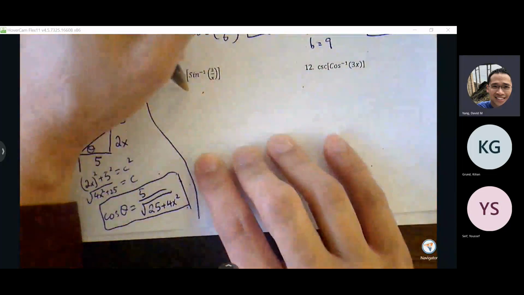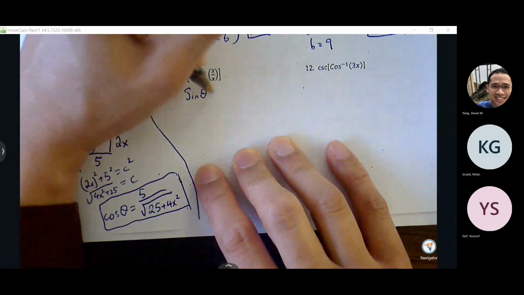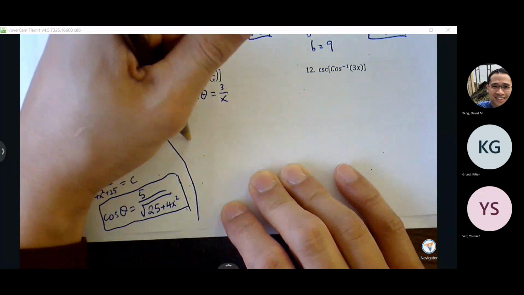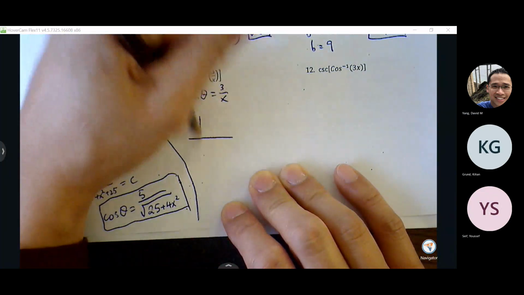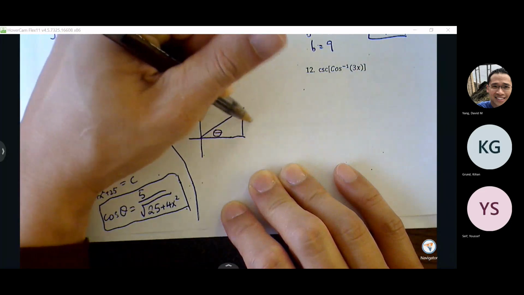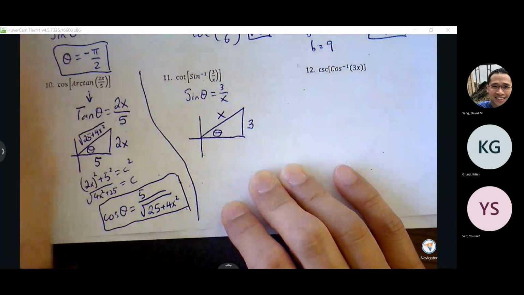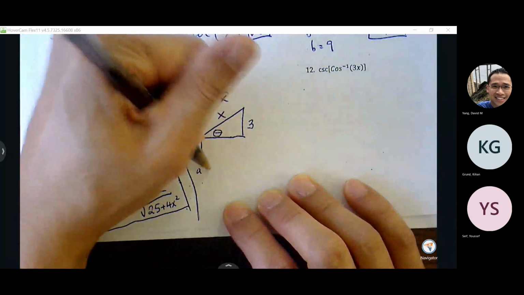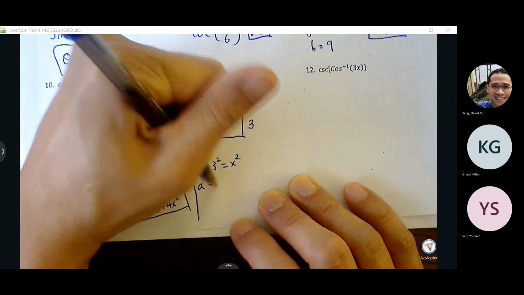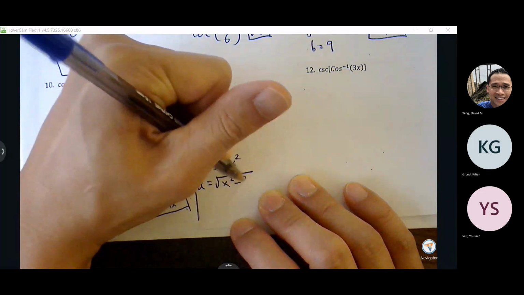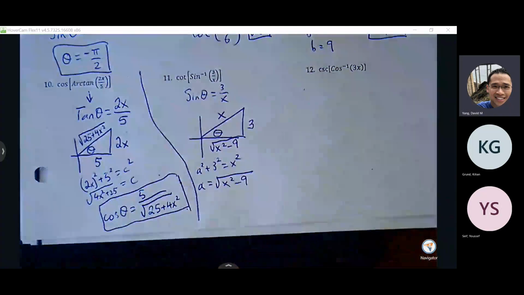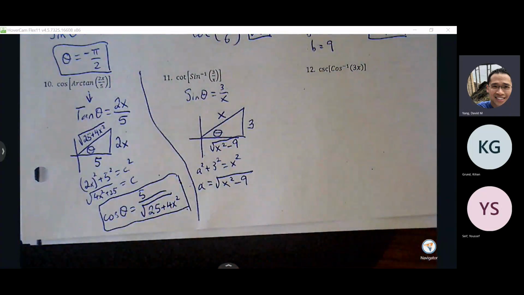Inverse sine of 3 over x. Okay, Pythagorean theorem helps you find that third missing side.